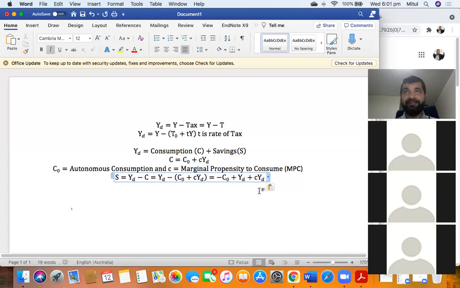And this we can write as minus C0 plus, if we take YD as common, YD times (1 plus c).